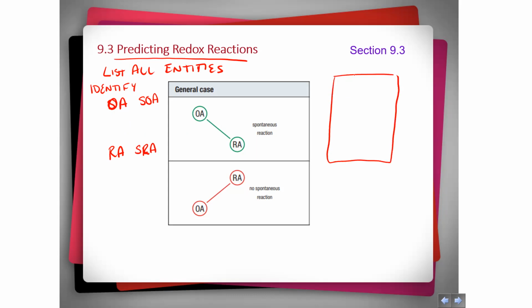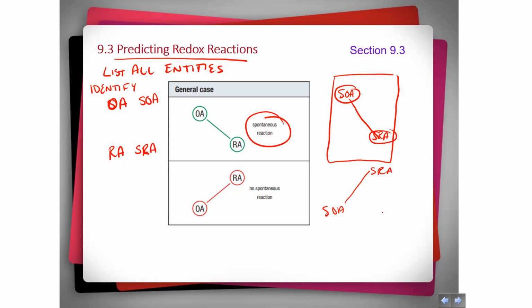Okay? If your strongest oxidizing agent is above your strongest reducing agent, the reaction is spontaneous. But if your strongest oxidizing agent is below your strongest reducing agent, the reaction is not spontaneous. It's not going to happen, won't occur.